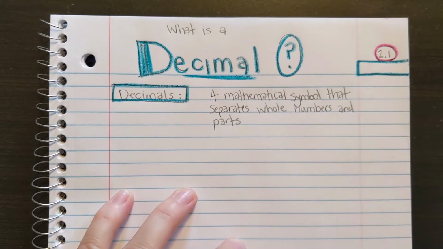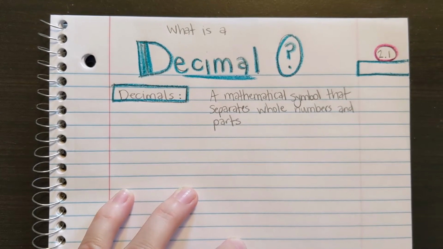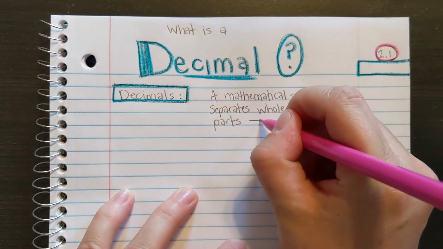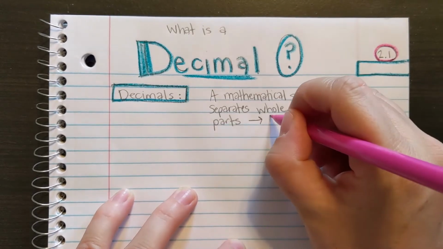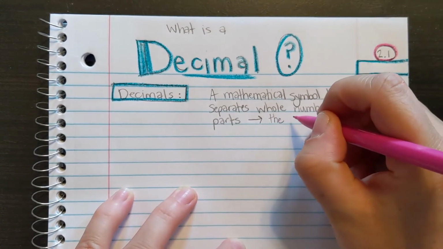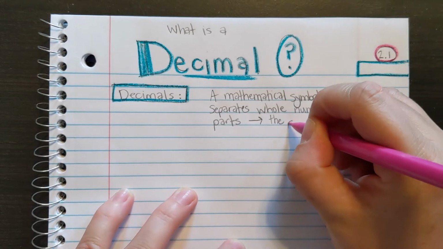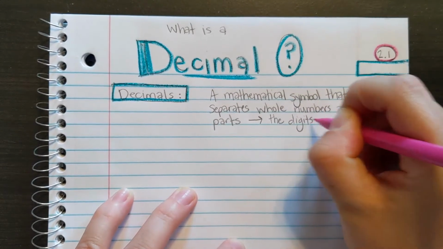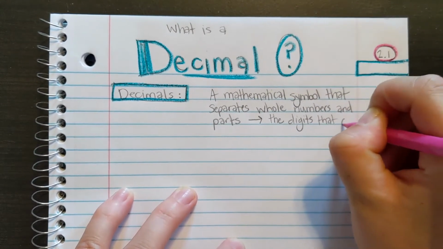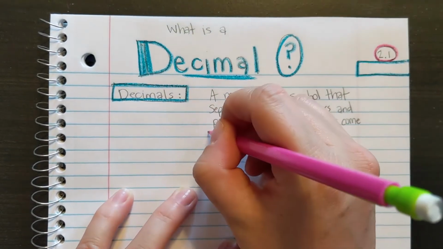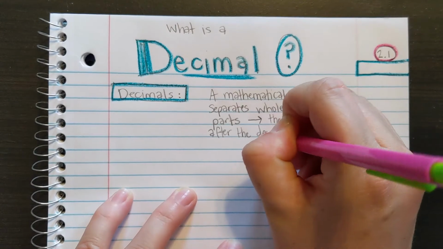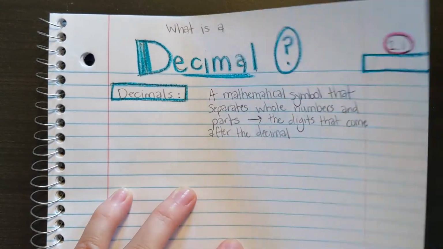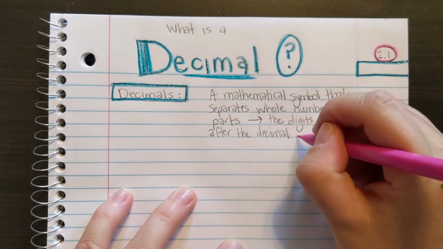A mathematical symbol that separates whole numbers and parts. We're going to put a little arrow here. And we're going to say the parts that come after the decimal are just like fractions. Actually, instead of saying parts, I'm going to say the numbers. Or we'll say digits. That might be better. The digits that come after the decimal are just like fractions.